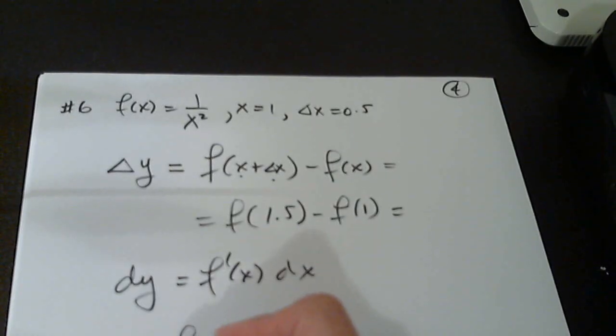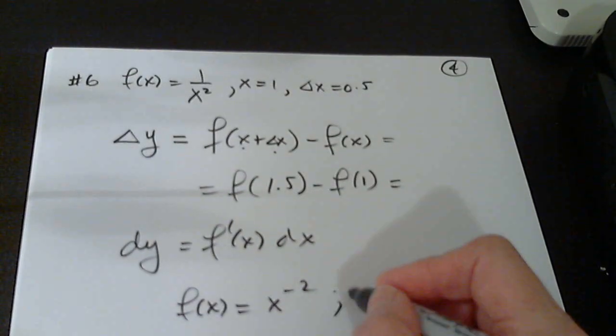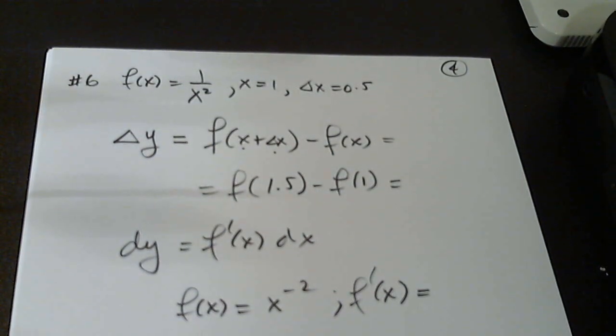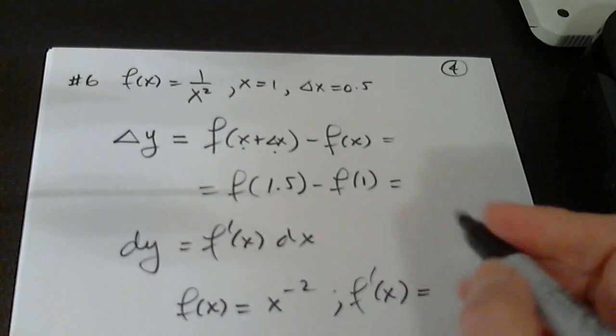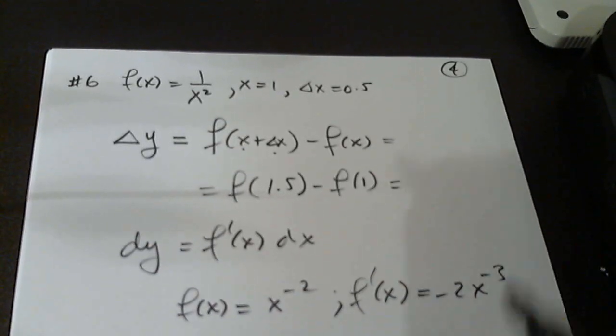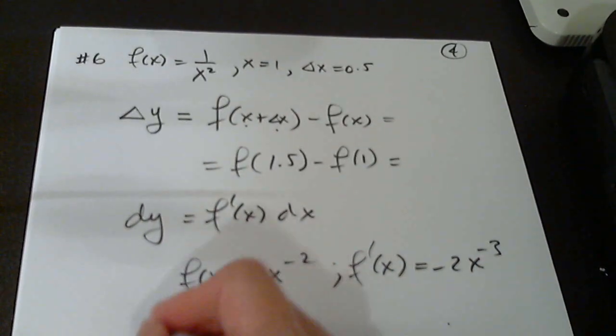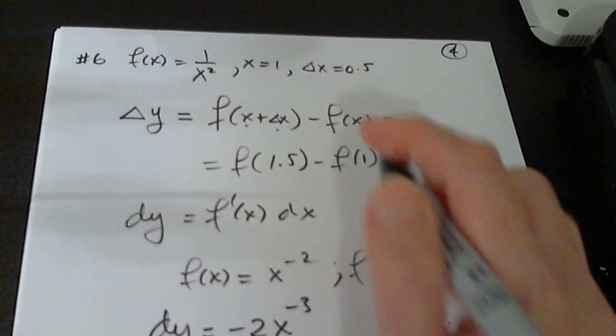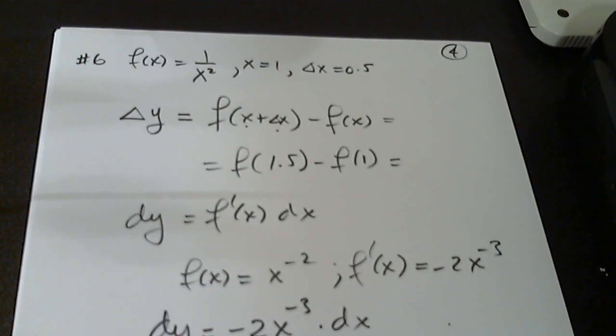So our function is x to negative 2, so we want to find f prime of x. Can anyone give us f prime of x now? Negative 2x to the negative 3. Very good. So then dy will be negative 2x to negative 3 times dx.